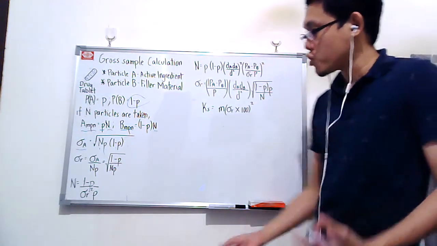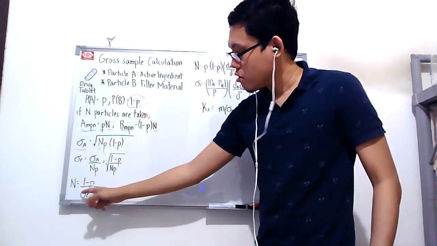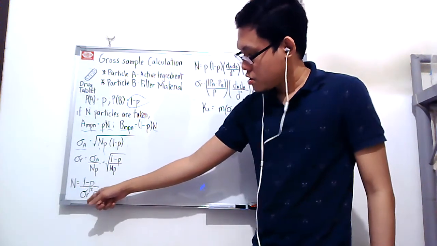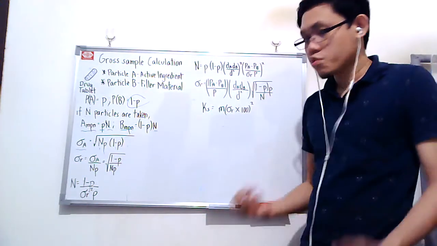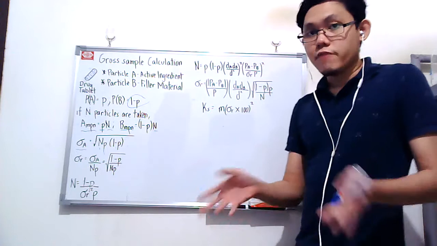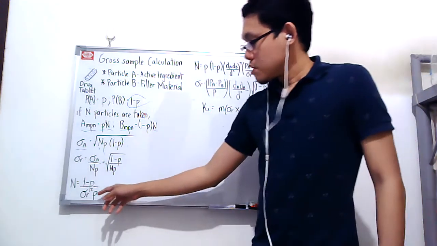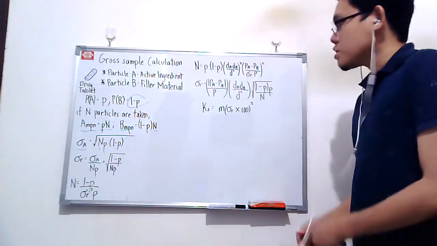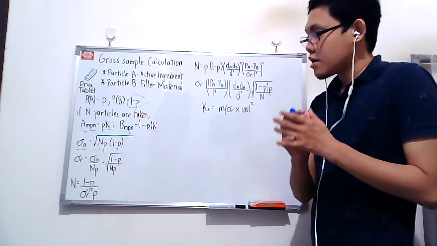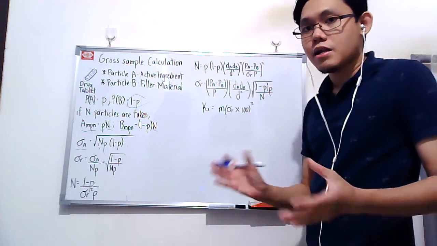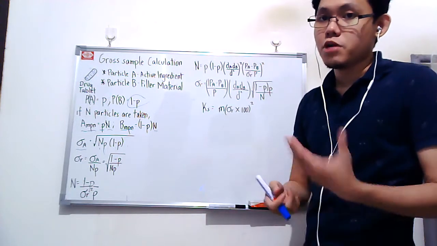So makukuha mo yung n is equal to 1 minus p over the relative standard deviation squared, which is the variance, times p. Ngayon, kinoconsider mo lang dito yung isang type ng particle, which is yung target mo lang, yung analyte mo lang.